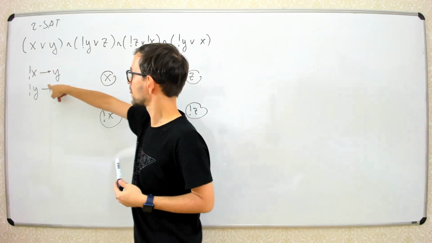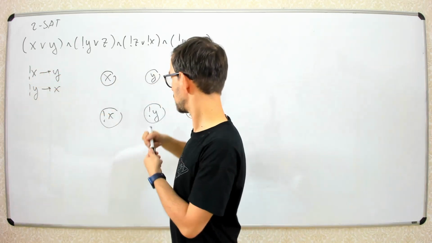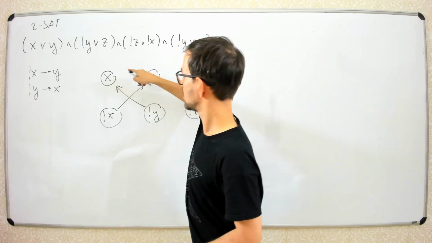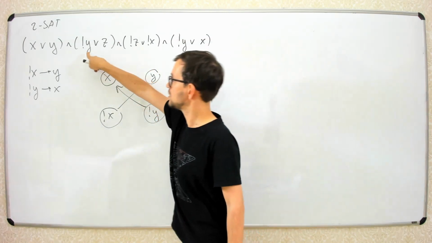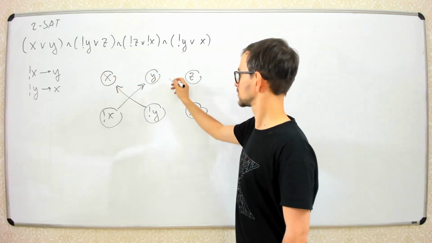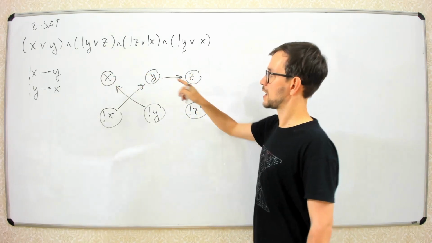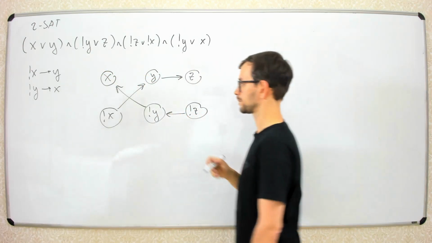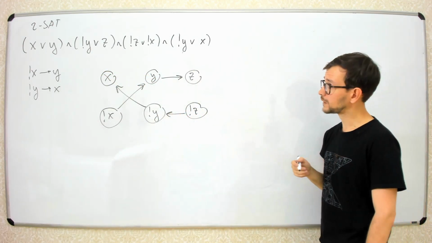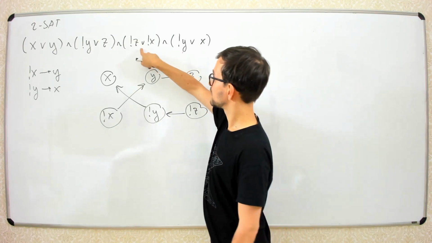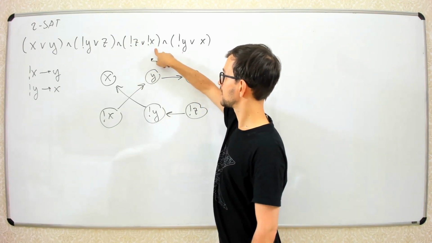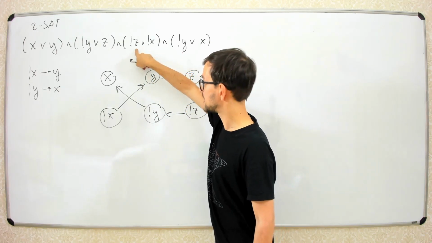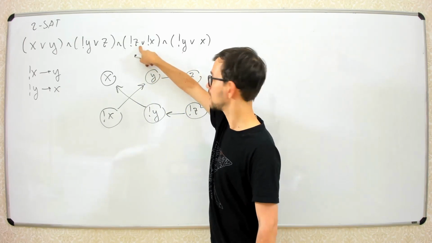So here we have if not x, then y. If not y, then x. For this clause we have if y, then z, like this. And if not z, then not y. For this bracket we have if z, then not x. So if this is false, then this must be true. If z, then this is false, so this must be true.